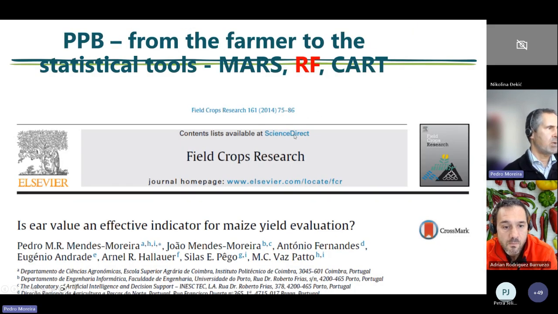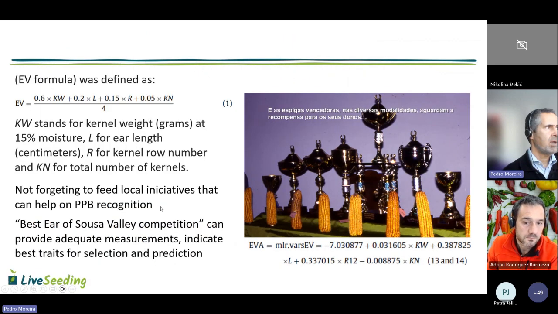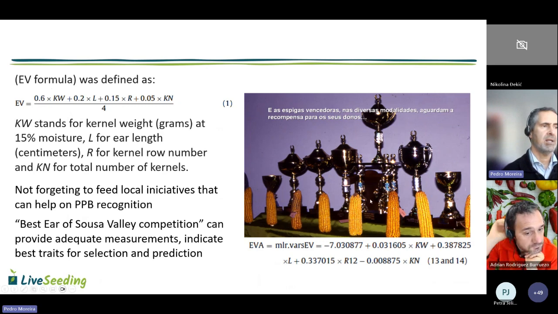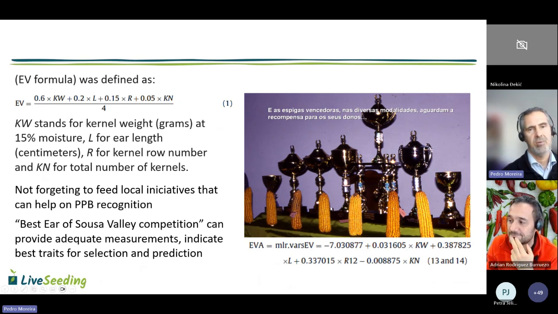And what I have here is the formula that was created for a competition called the best ear of Sousa Valley. In this competition there were different types of ears: yellow flint and dent, white flint and dent.